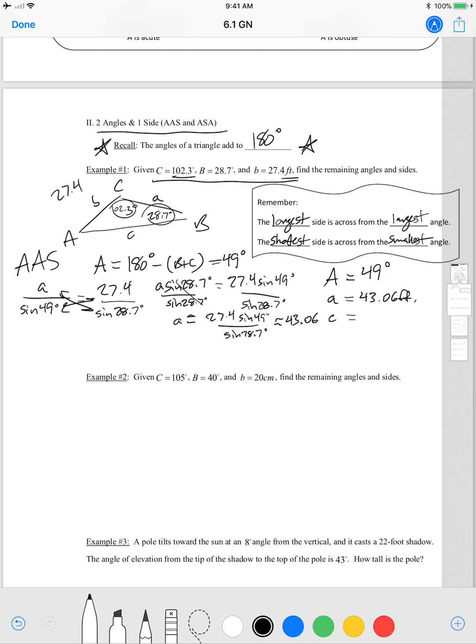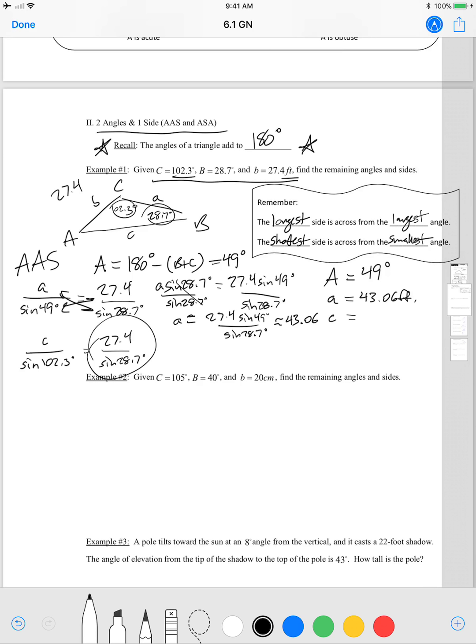All right. And then I can solve for side C very similarly: C over the sine of C, or 102.3 degrees, equals B over the sine of B. Notice I'm using the angles that I was given originally to solve for both A and C. I could have done A over the sine of A, but that was kind of an approximation.